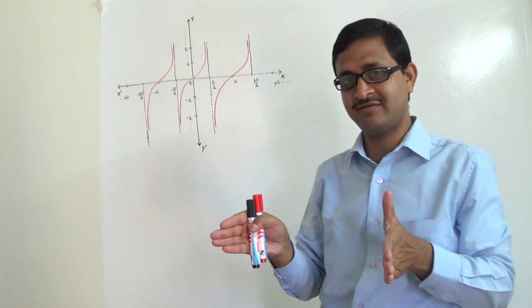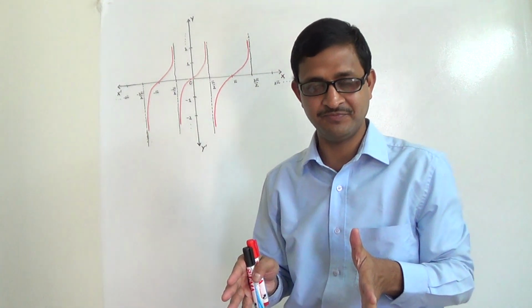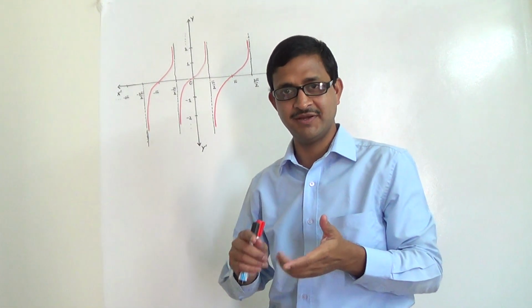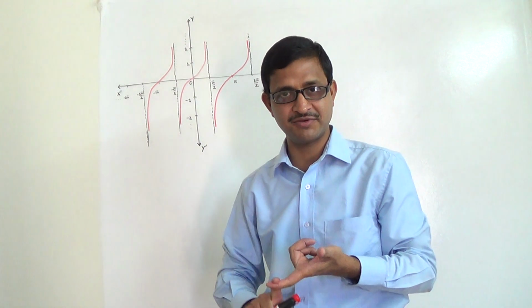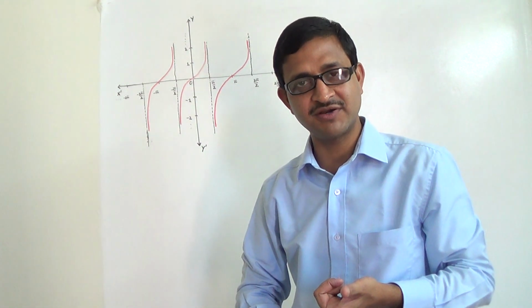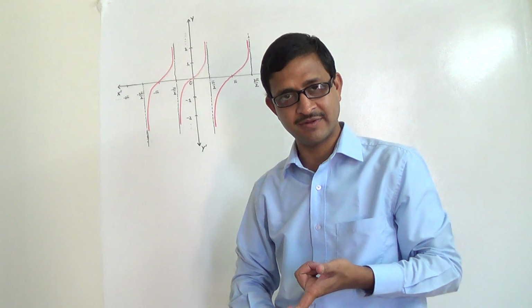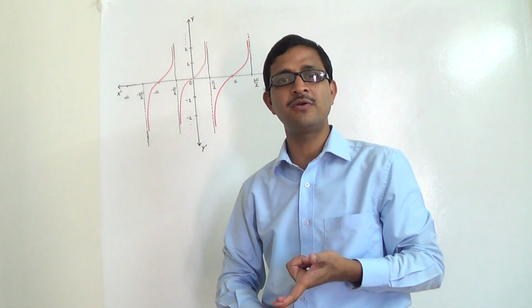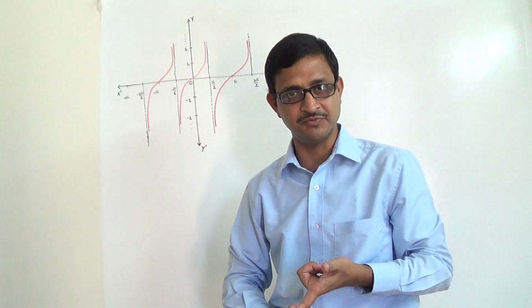Except those angles, it can take any value. So what does it mean? In a very simplified statement, the domain of the function tan is any real number except the odd multiple of pi by 2.